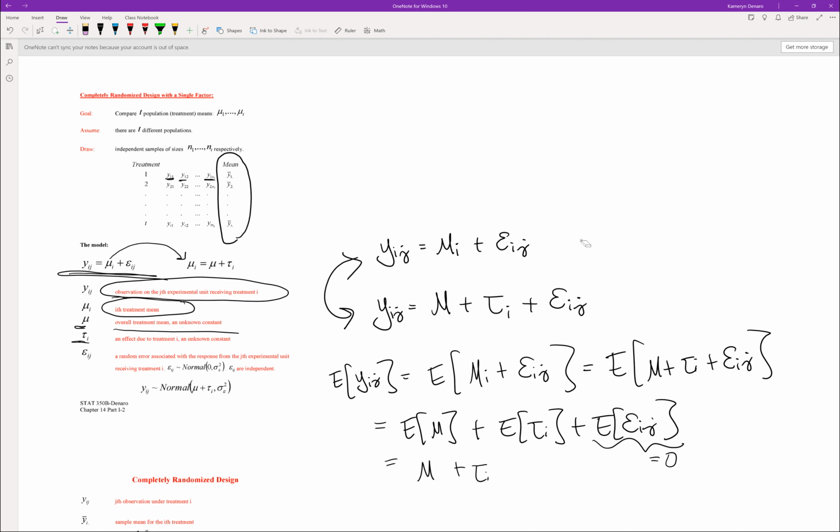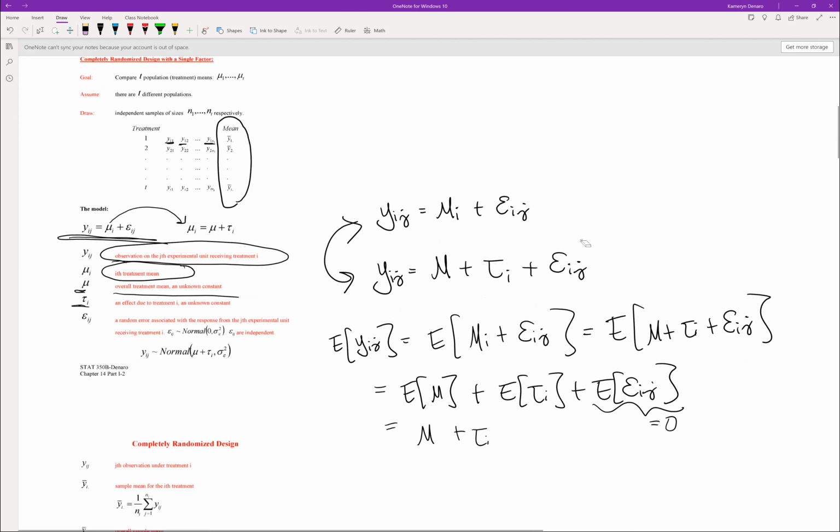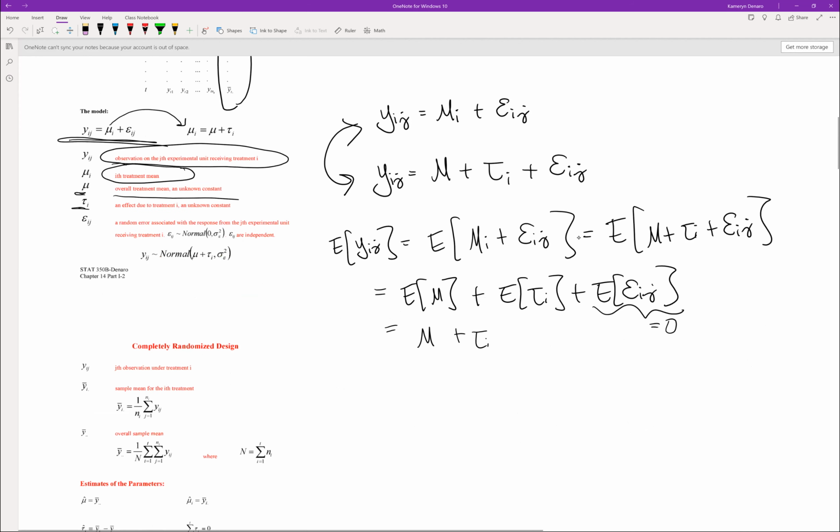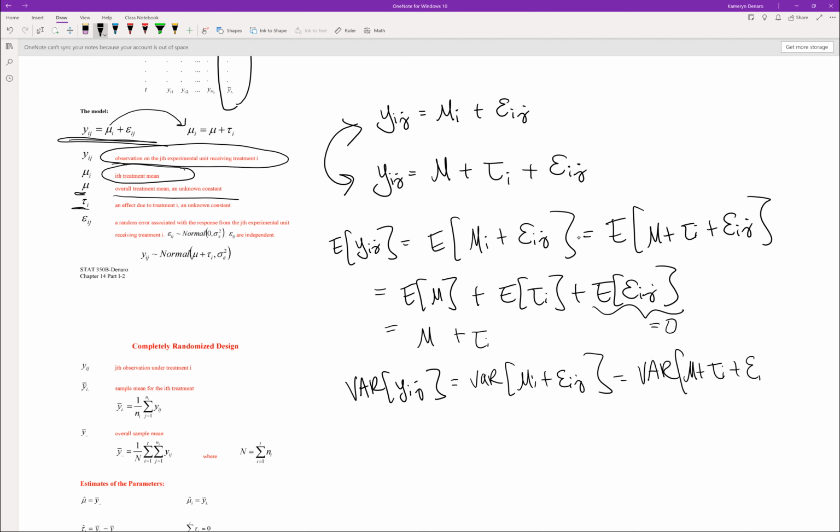Now, if we want the variance of Yij, then that's going to be the variance of mu I plus epsilon ij, which is the same as the variance of mu plus tau I plus epsilon ij.